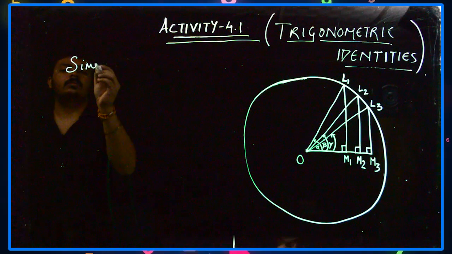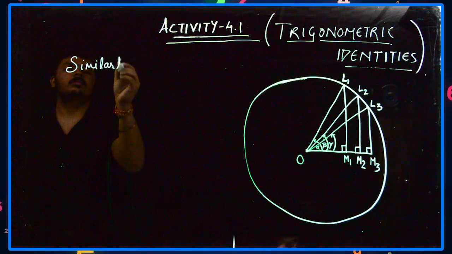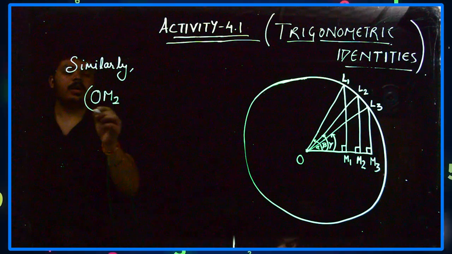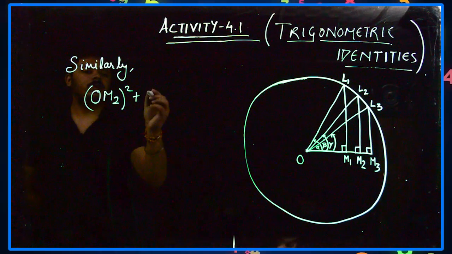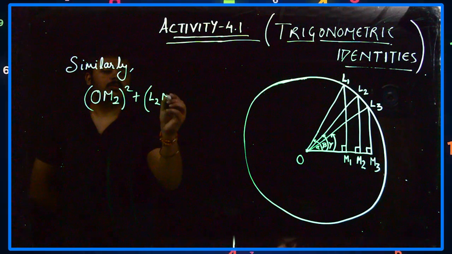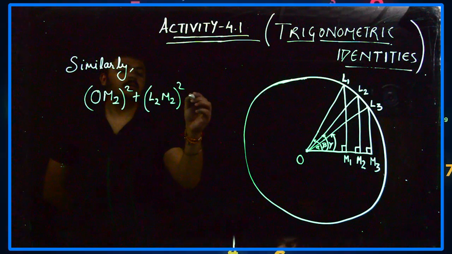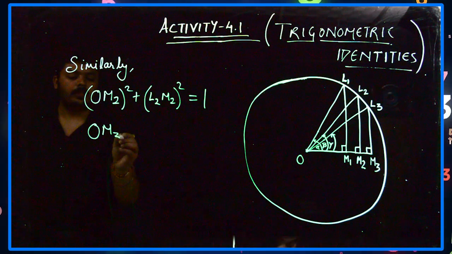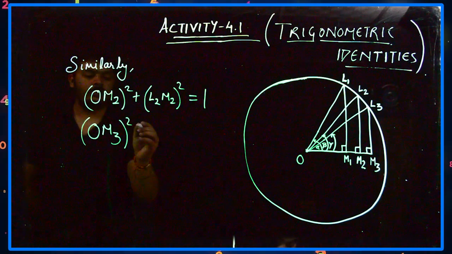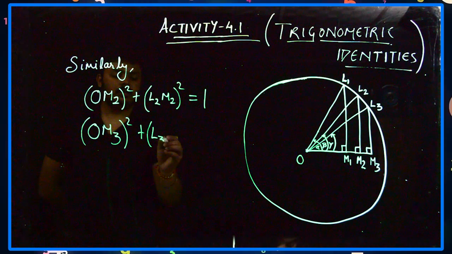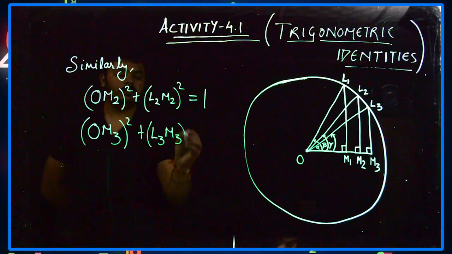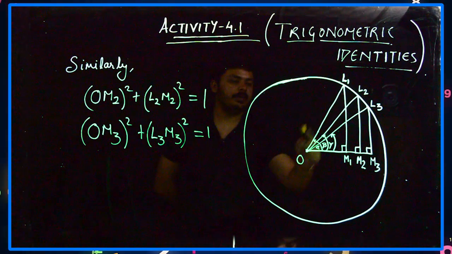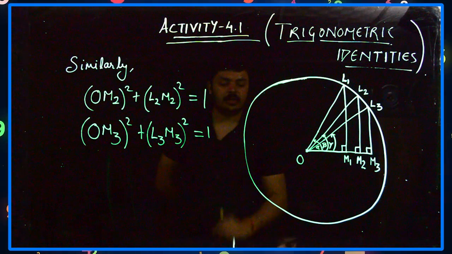Similarly, OM2 square plus L2 M2 square equals 1, and OM3 square plus L3 M3 square equals 1, for the second and third right angle triangles.